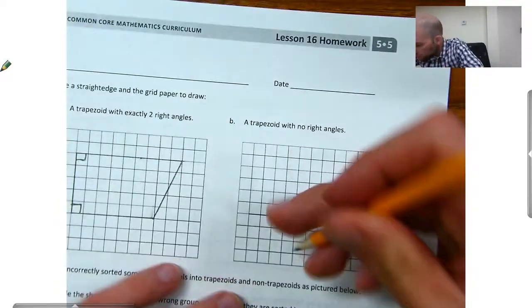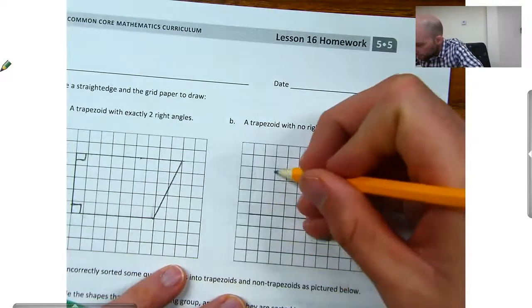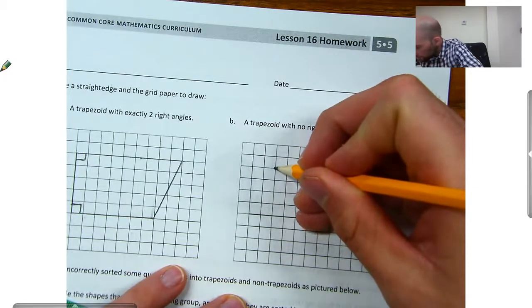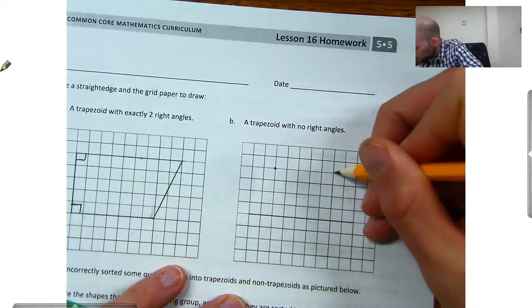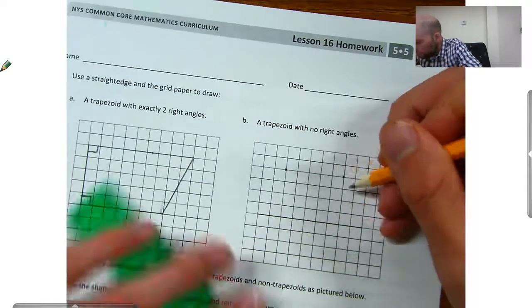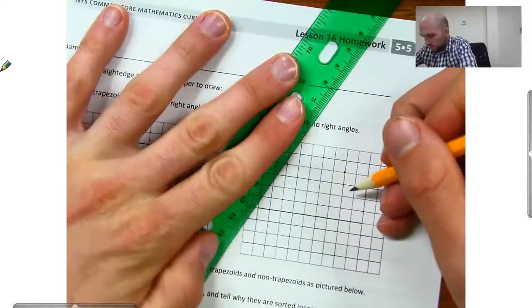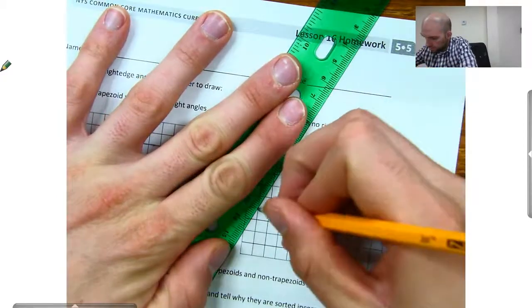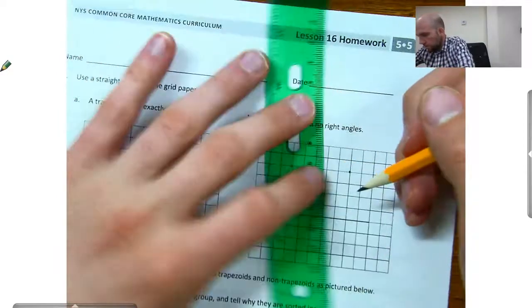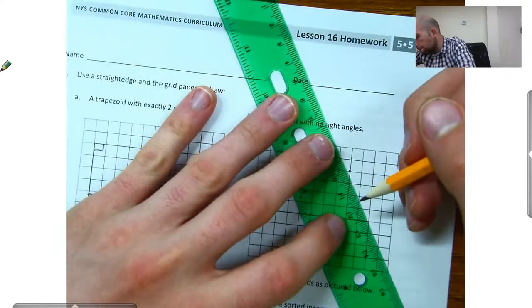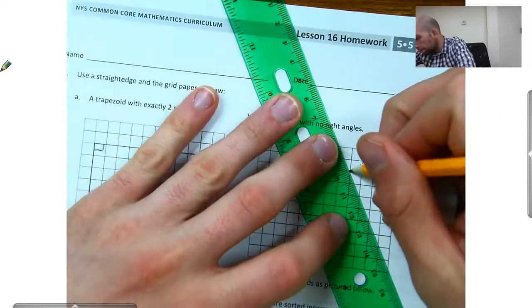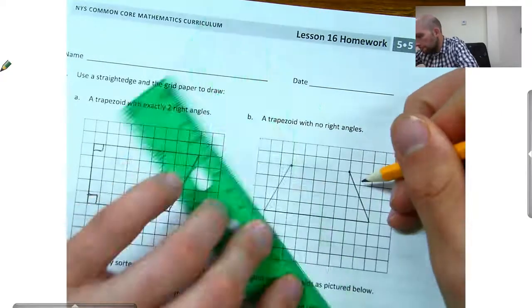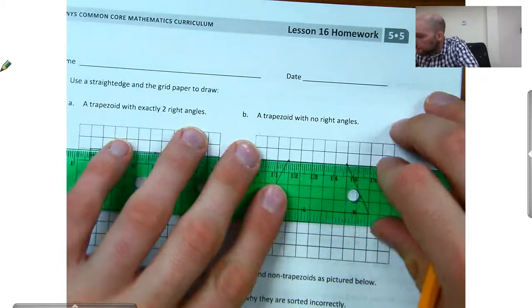So I'm going to go from here, go in, and do the same thing here, go in and draw my lines. And I've got to connect the top.